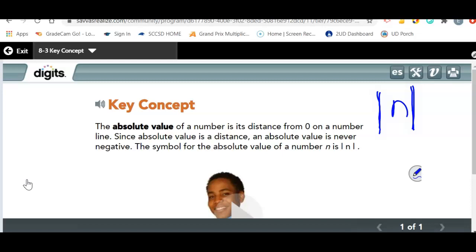How would we read this? Samantha. Good. The absolute value of -3. What's the answer to the absolute value of -3?